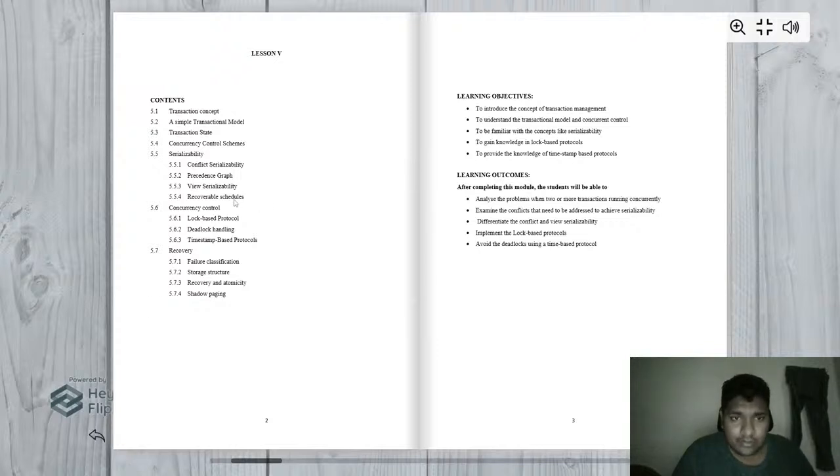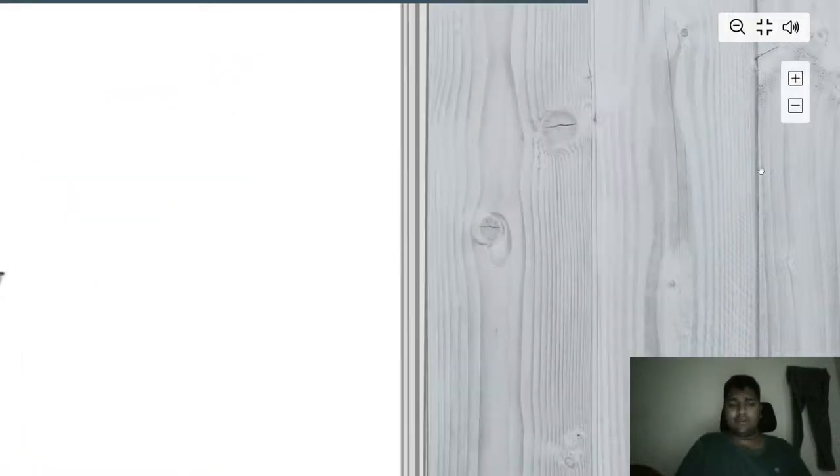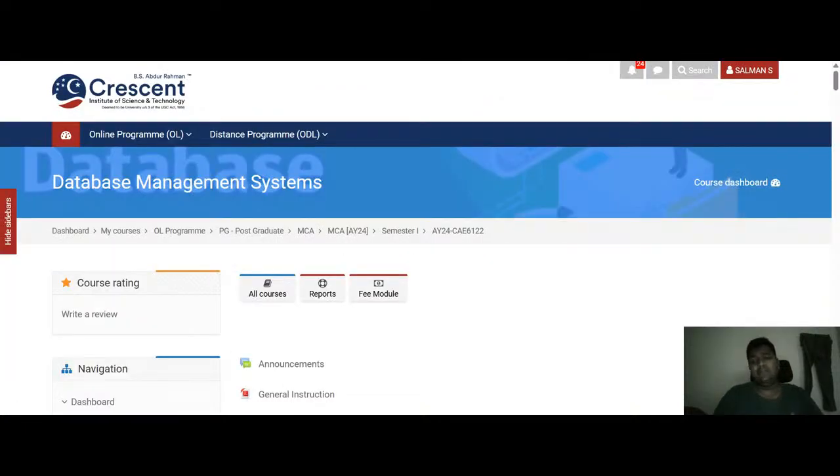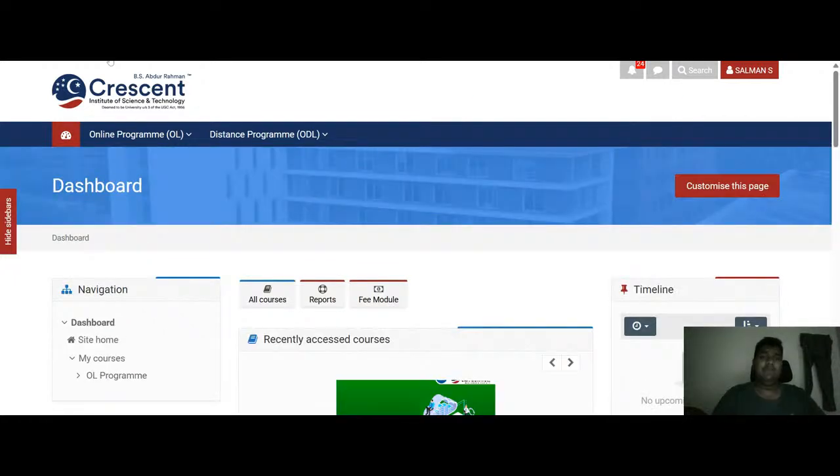Deadlock recovery means that whenever a deadlock occurs, it can be recovered. Okay. So today we completed DBMS Unit 4 and Unit 5. Two units I have completed today.